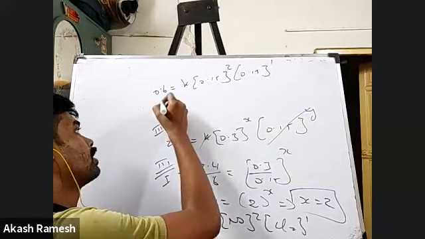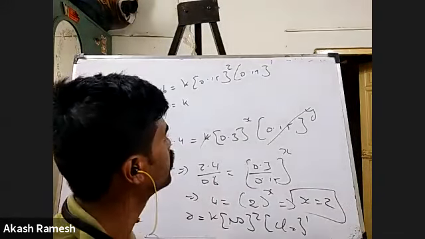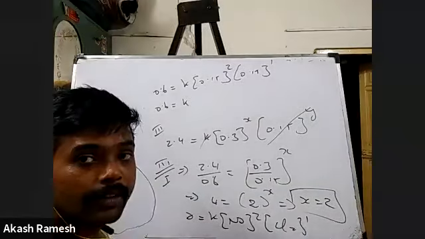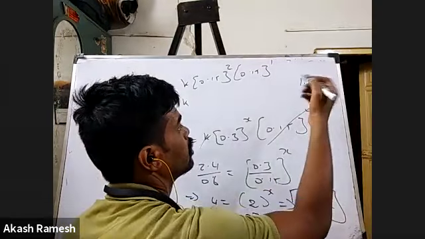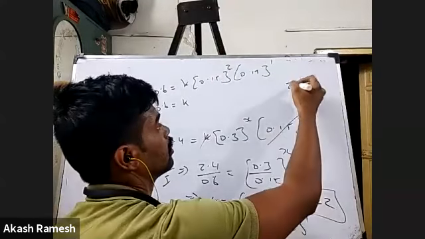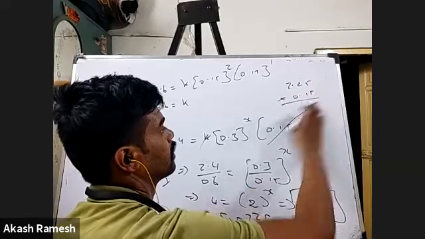Okay, so 0.6 is equal to K times 0.15 the whole cube. So 0.15 squared will become 0.0225. 15 into 15 is 225, correct. So it will be 2.25 into 0.15.